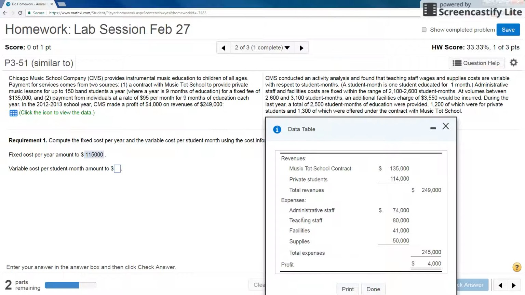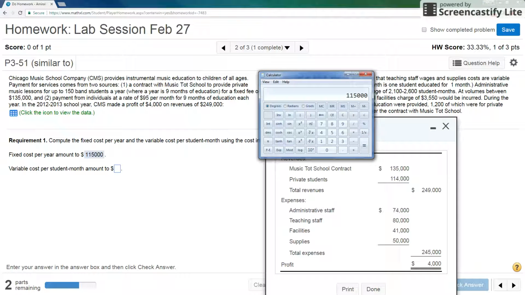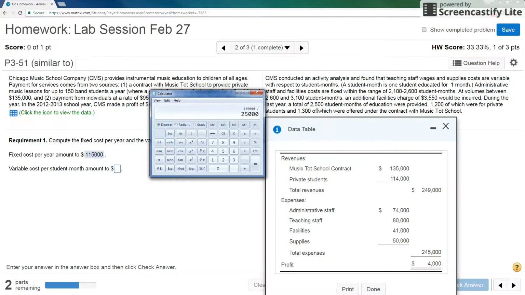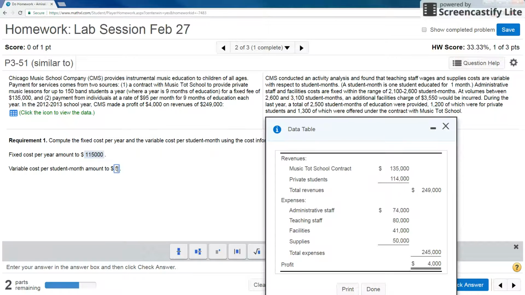It means that teaching staff and supplies are the variable for us. So teaching staff is 80,000 plus 50,000 divided by how many students did we have? At 2,500 students per month, I believe. This gives us 5.2, I think.